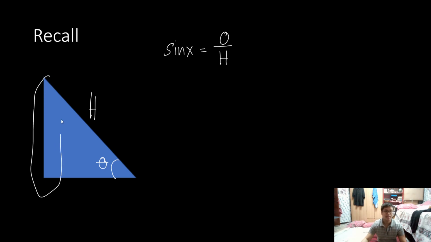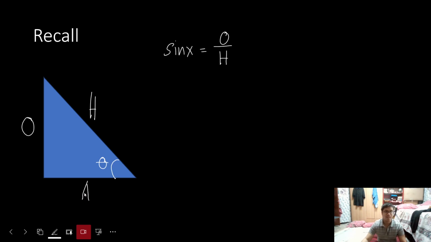So this side is not adjacent to this one, so we can say that the side here is the opposite. And a side that is adjacent to the angle, or beside the angle, you'll call the adjacent. All right, that's it. So we have sine x equal to opposite all over hypotenuse.